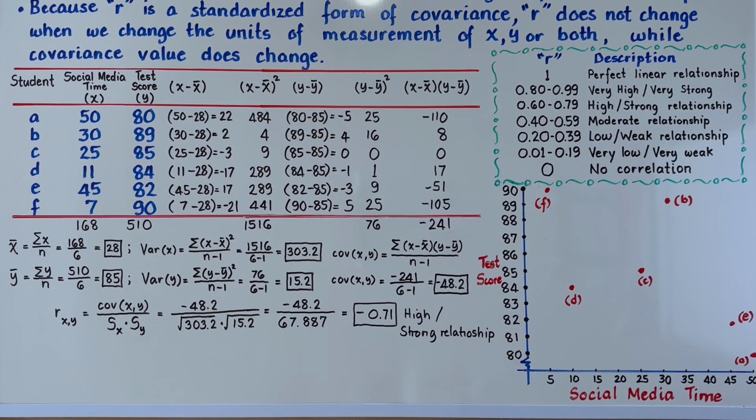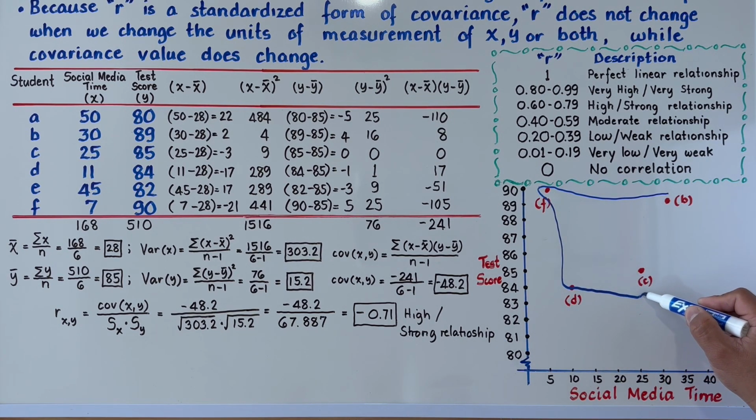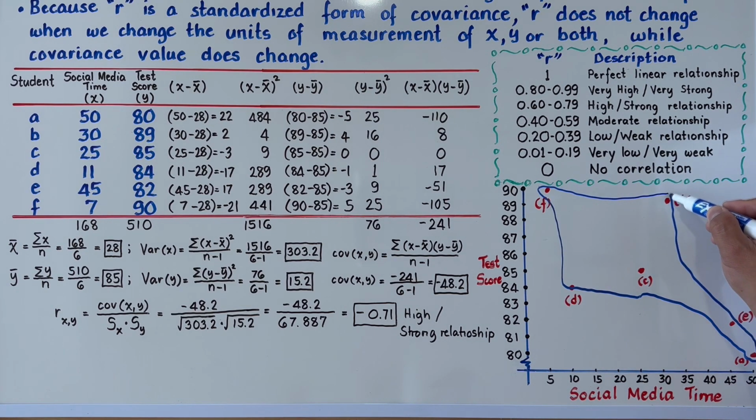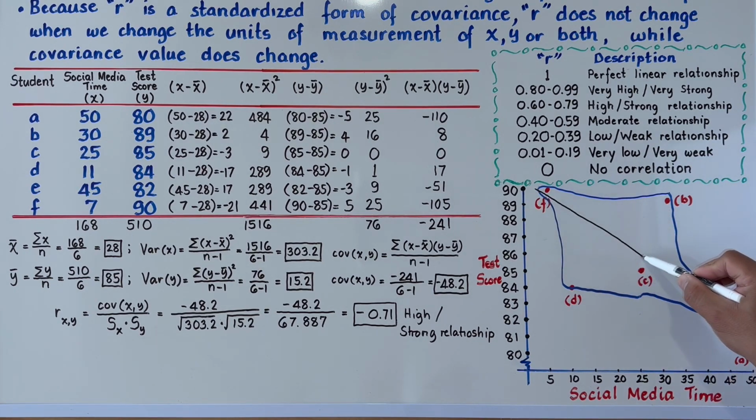And as you can see, the points are having a pattern that is approximating a straight line here. A straight line that is sloping downward. So we can draw a line that best fit these data points here. So this is the line that approximates the pattern.